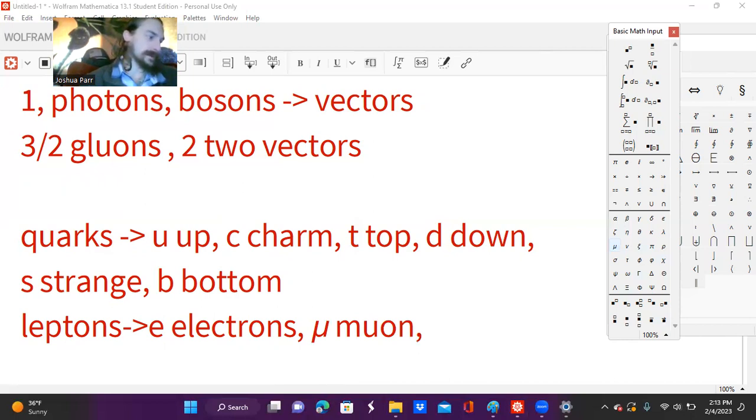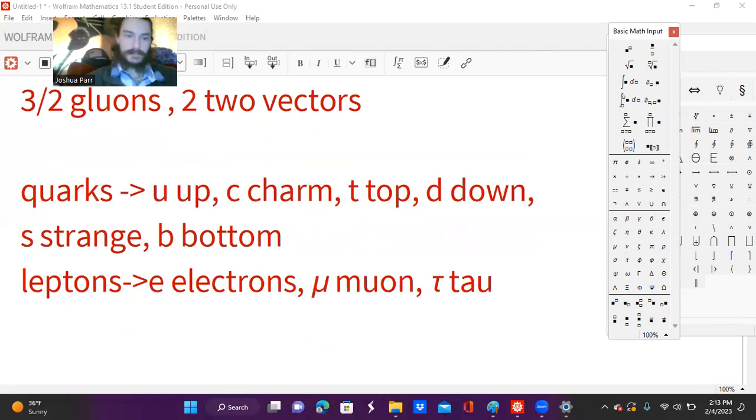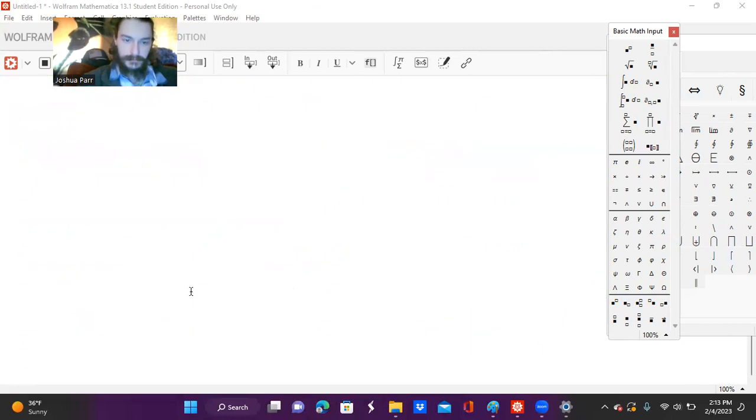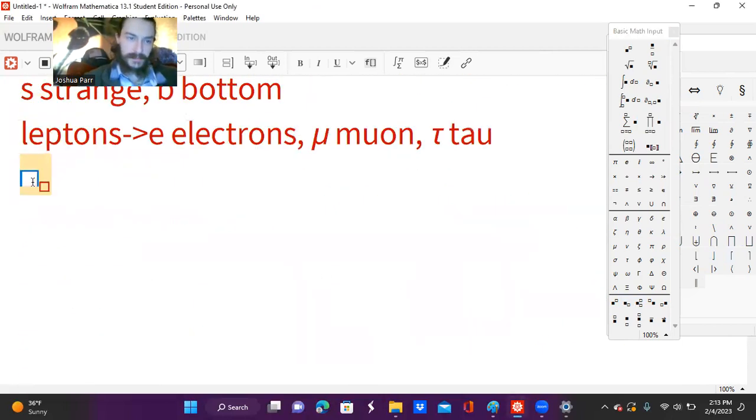And then we have the tau. And then we have the V, and that is your electron neutrino.